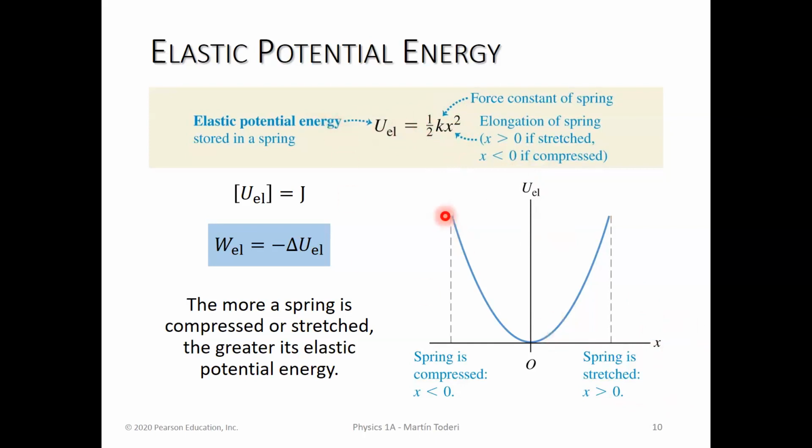So this will be a parabola centered on the y-axis, and the minimum value of that parabola will be 0. And it makes sense. We will have zero elastic potential energy when the spring is not stretched nor compressed, right?